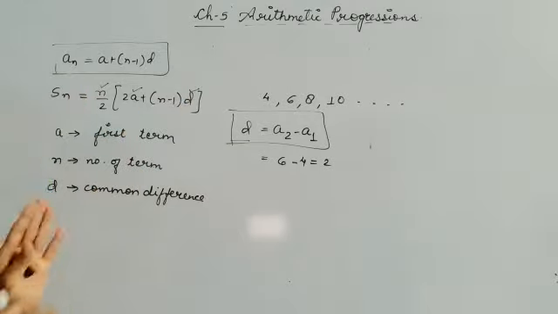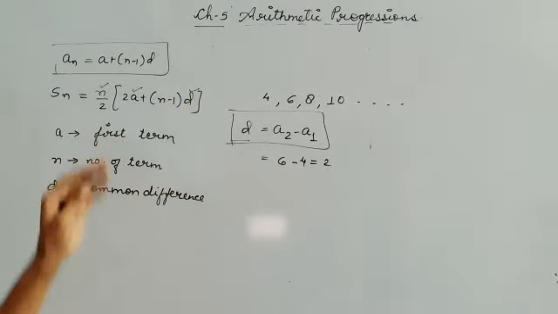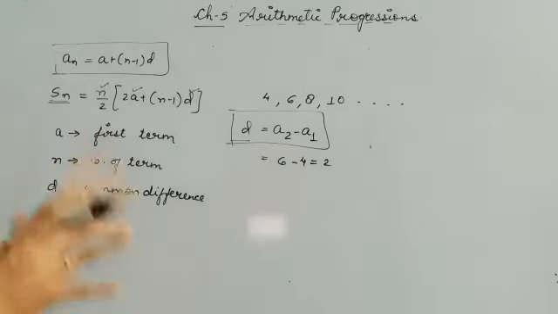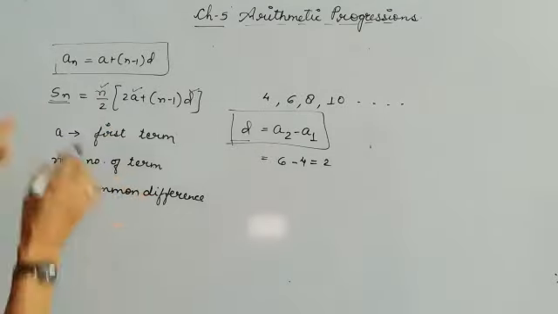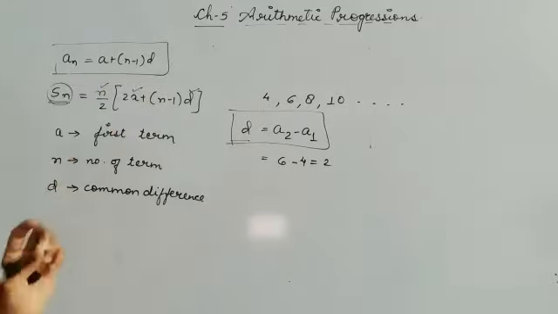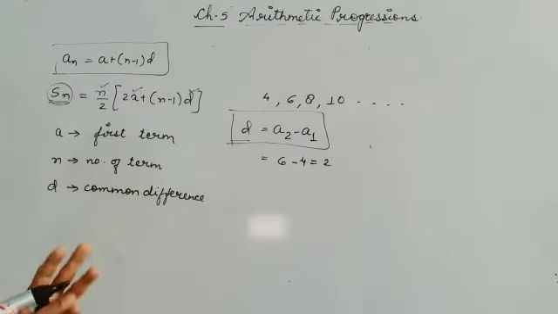Out of these three, if you know two variables, then you can always find out the third one. Yes, this S_n term is again unknown to you. Let's suppose S_n is unknown, that means I am given 1, 2, 3, 4 unknown things. Then if I know three things, I can find out the fourth one.